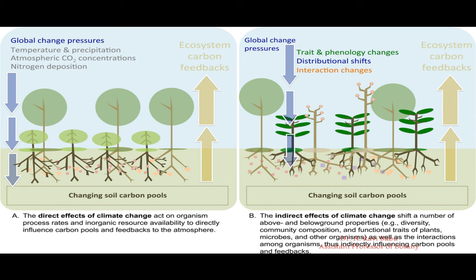Another very important indirect effect of temperature, which has a significant effect on the vegetation of hilly areas, is commonly known as cold air drainage. That is cold air drainage.